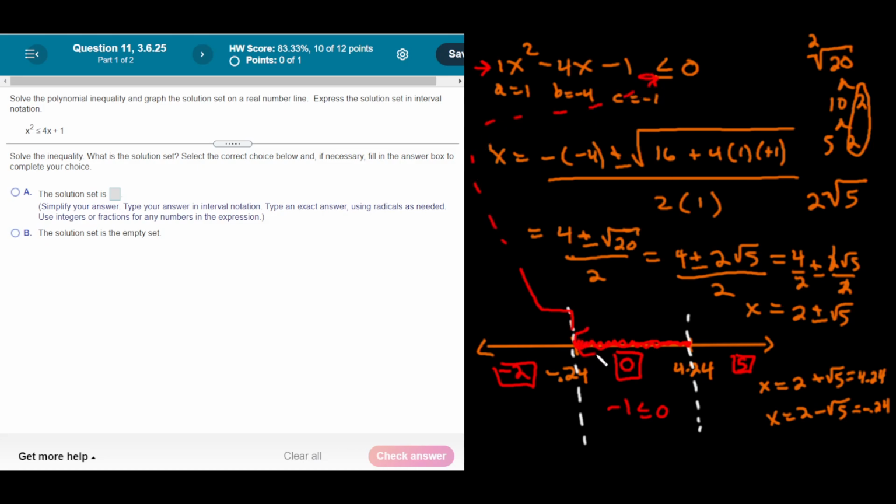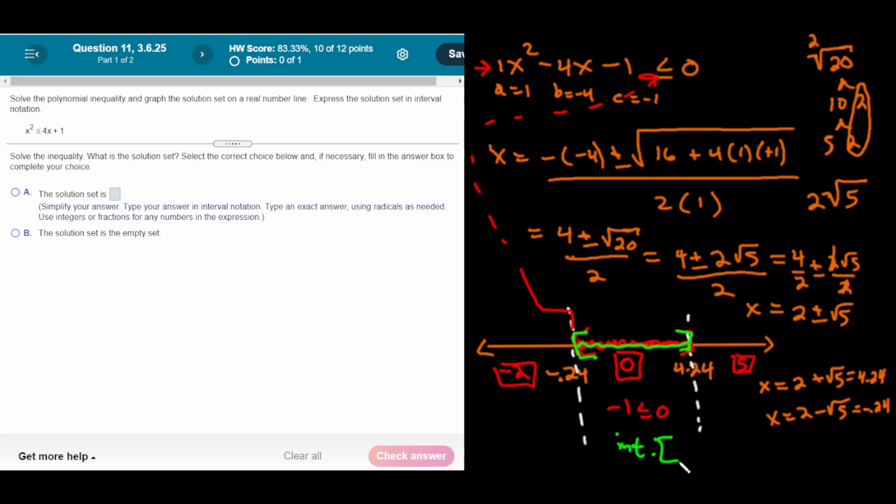Now, the symbols depend on, let me come over here, whatever the heck this is. So we're going to put brackets there. Let's put it in lime so it's popping. And we are done. Now, remember, negative 0.24 is actually 2 minus the radical 5. And positive 4.24 is the positive 2 plus square root of 5. So make sure you put that as your solution set. So your interval notation, remember, we only use the decimal so that we know where they fit on the line.